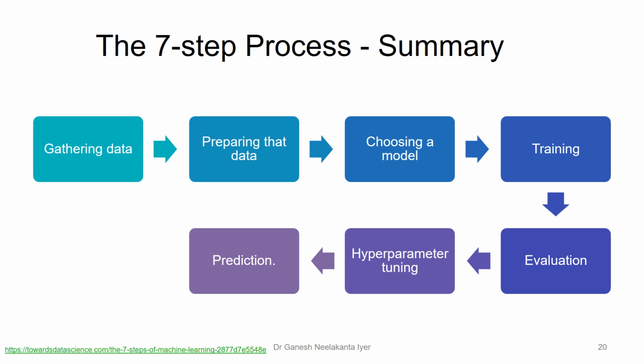It's a big process involved. And then choosing a model based on the type of problem we are trying to solve, and then train the model using the data, and then evaluate how good our training was, and then tune. Some of the steps may go back and repeat, and once the tuning is all proper, we start doing prediction.